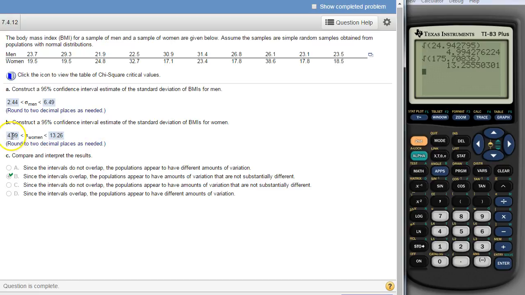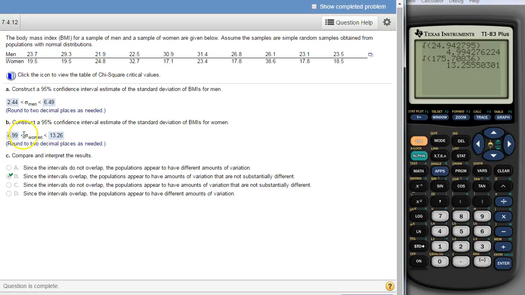If this lower number, hypothetically, was like 8, so we're 95% confident that the true population standard deviation would fall between 2.44 and 6.49, and then we're 95% confident the true standard deviation for women would be, again if this were 8 to 13.